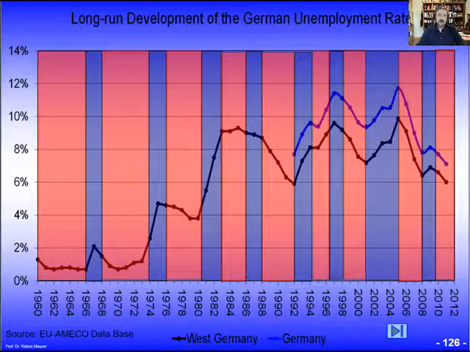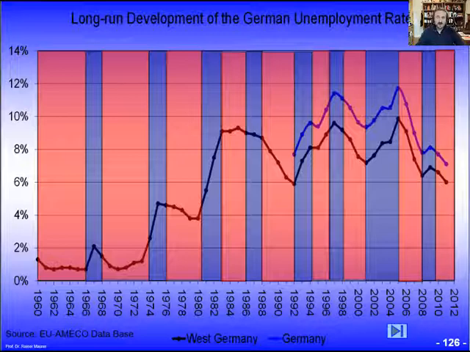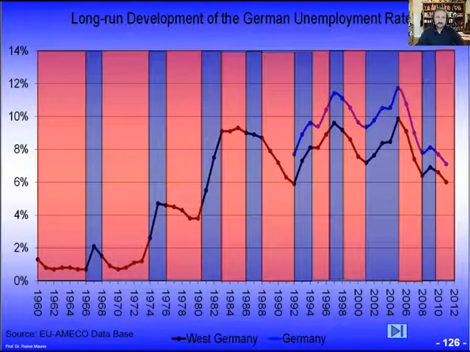In this diagram now, the upswing and downswing periods for the German GDP are marked from the year 1960 to the year 2012.